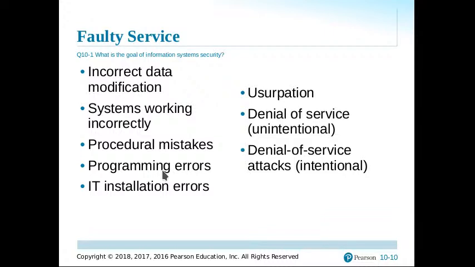We didn't know that in advance, or maybe we were just careless, right? And then we make the error, and that can let the hacker get into the system too.